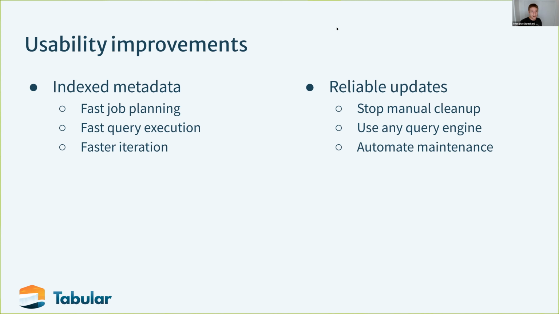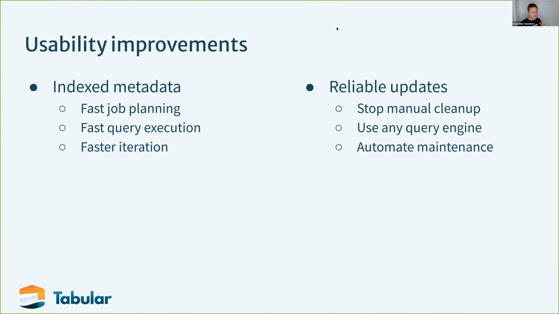The other aspect is the reliability, or atomic transactions: once again, reliable updates, or being able to automate changes to your table, is a really important thing for automation. So what Iceberg does by giving you the ability to reliably update a table, swap 5 files for 1 compacted file or something like that, is, at the highest level, it's stopping manual cleanup if a job fails or has any sort of issue, which should take a lot of weight off of data engineers' shoulders.